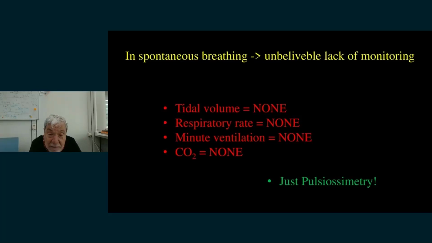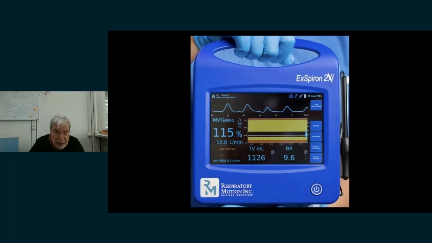Not having tidal volume and respiratory rate, you don't have minute ventilation, and you don't have any information about end-tidal CO2. We have just a pulse oximeter and look at the patient. The advantage of mechanical ventilation is the possibility to tell you minute ventilation, that means respiratory rate and tidal volume.